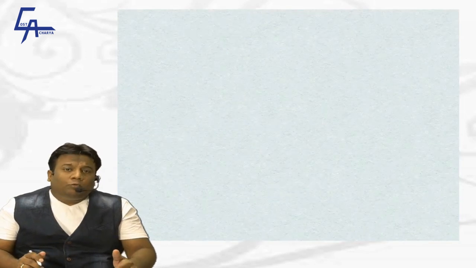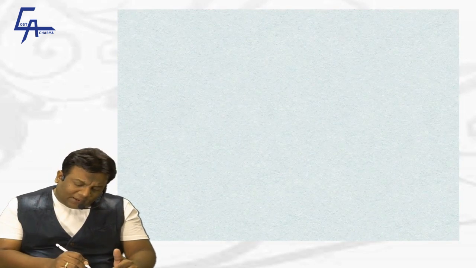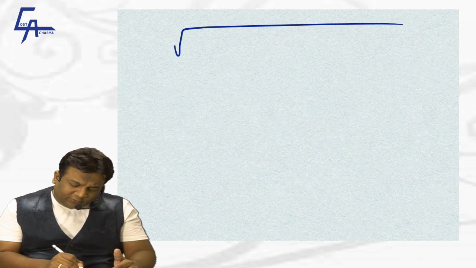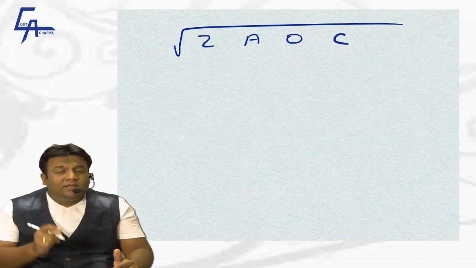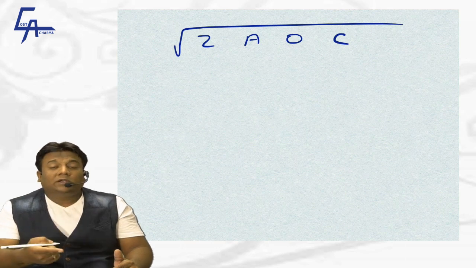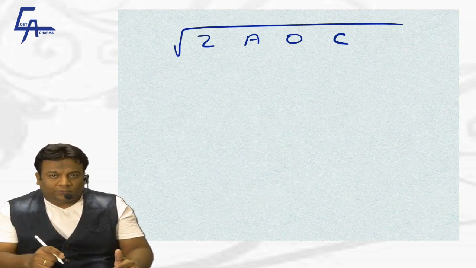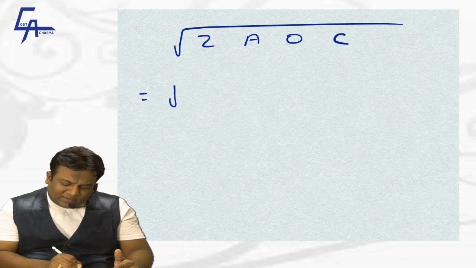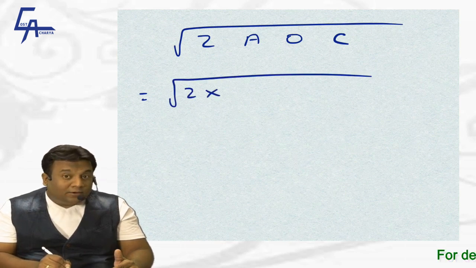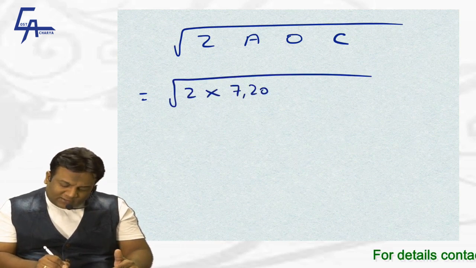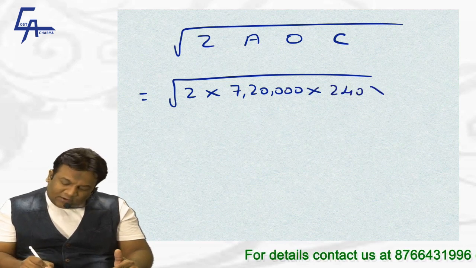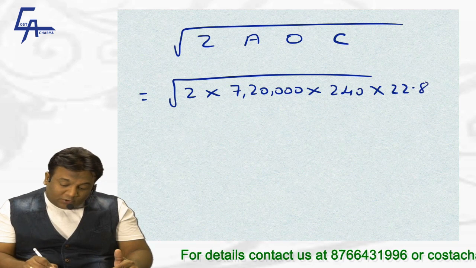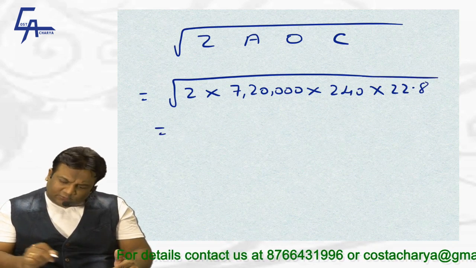See, what you can do is you can also apply this particular formula. What is the formula? Square root of 2AOC. Okay, that will directly give me the total of the ordering and the carrying cost. Now you can just experiment that here. 2 into annual requirement was 7,20,000. Ordering cost was 240. Carrying cost was 22.8 per unit per annum. Right? So just calculate that.